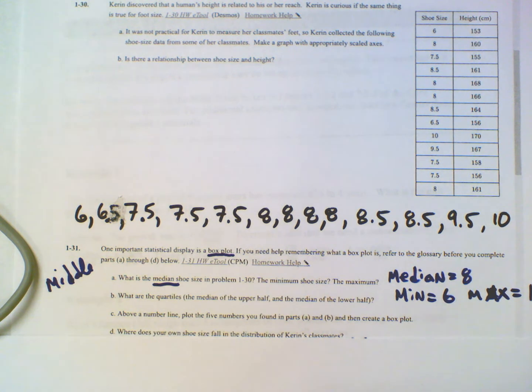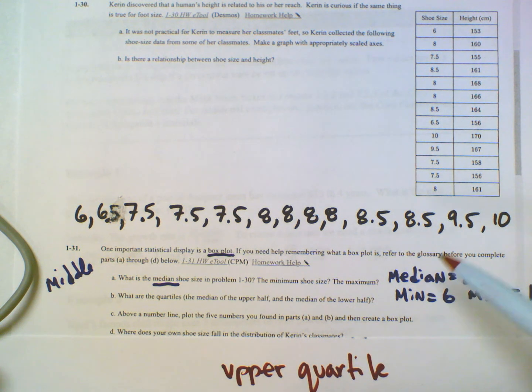So the next question is asking about what the quartiles are. Okay, so quartiles, you have two different quartiles. You have an upper quartile and the lower quartile. So the upper quartile, where was our middle?